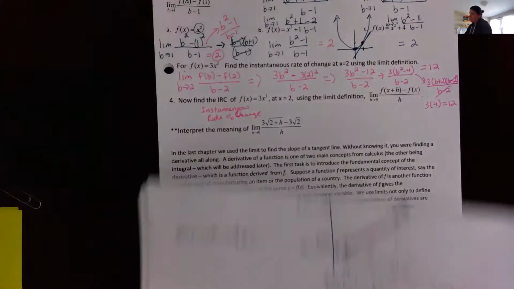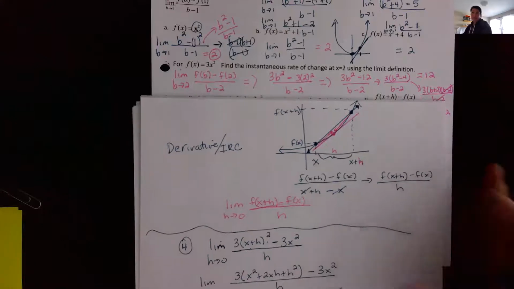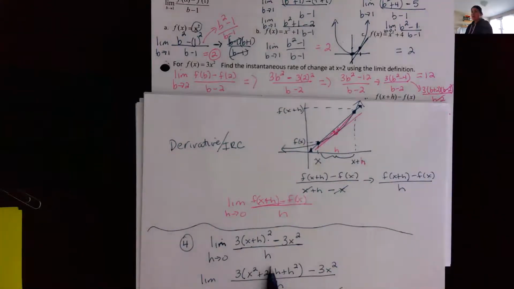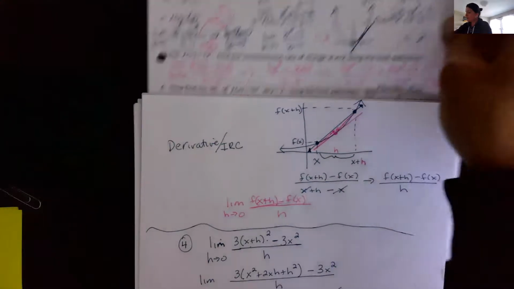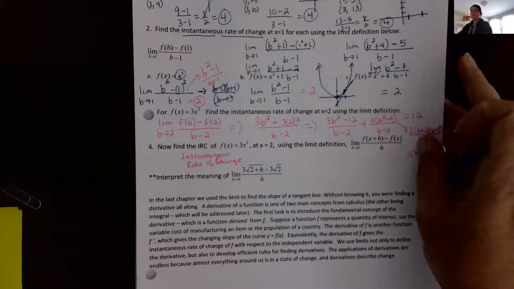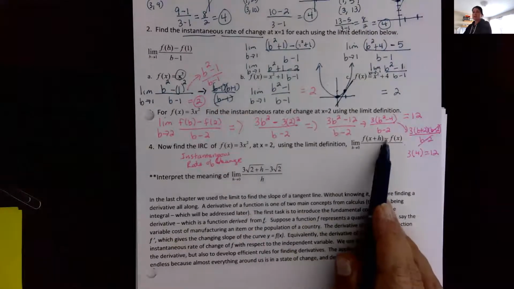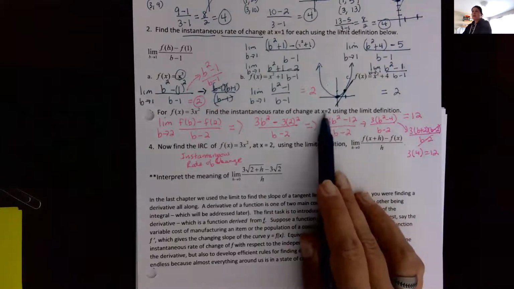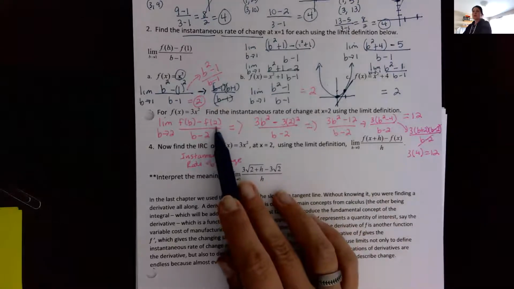All right. So I guess what I want to do before we actually try the next question is compare 3 and 4 with each other. What we did in this question and then what we just did, ending up with 12 in both cases, we were finding the instantaneous rate of change as we approached 2. 2 was plugged in already.